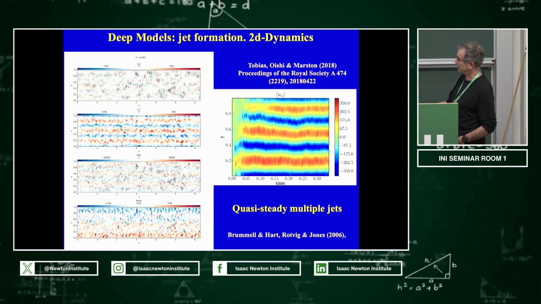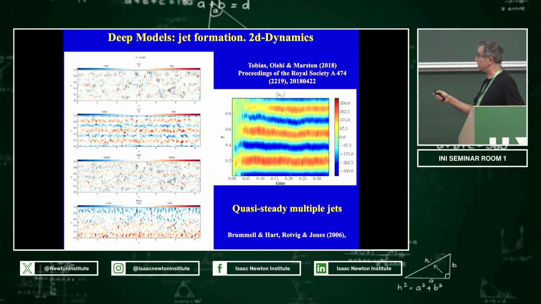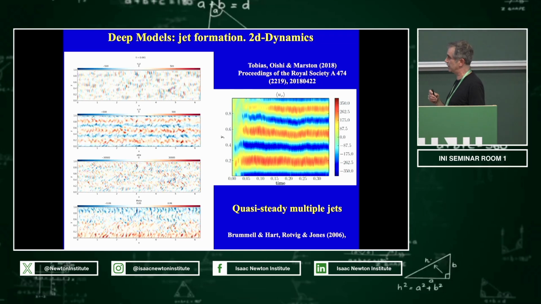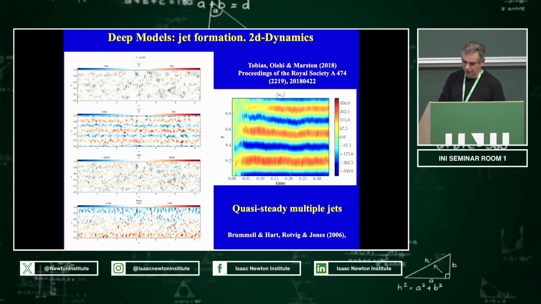You get these bands of prograde and retrograde jets, and in this case you get 7 jets for these parameters. You can get jets on the large scale or small scale jets, again depending on the rotation rate and the friction. Okay, so that's one type of behaviour we'd like to see how well QL and GQL do in describing.